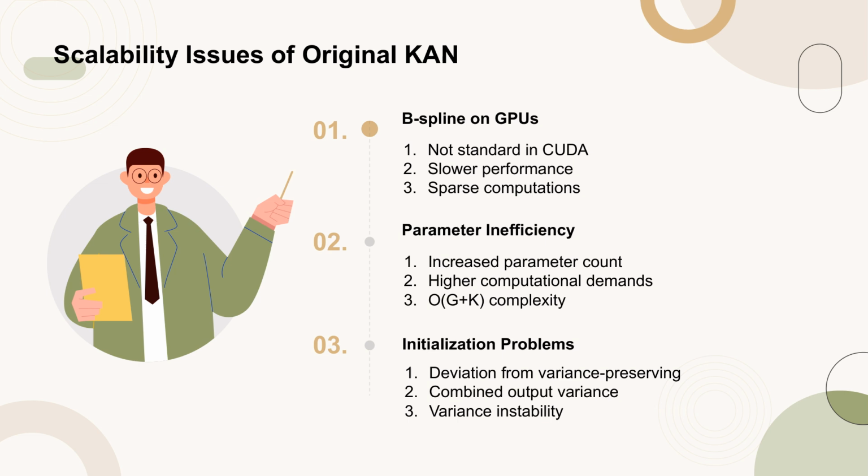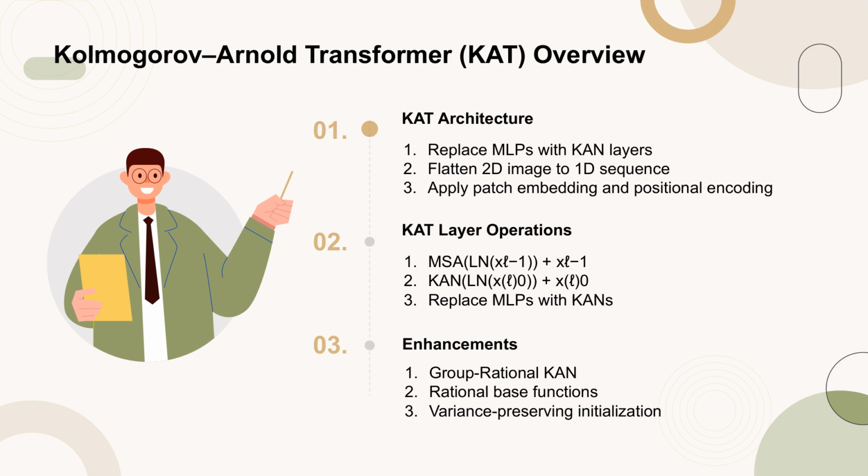The Kolmogorov-Arnold Transformer, KAT, is designed to replace the multilayer perceptrons, MLPs, in vision transformers with Kolmogorov-Arnold network, KAN, layers. This involves flattening a 2D image into a 1D sequence, applying patch embedding and positional encoding, and then passing it through a series of KAT layers.